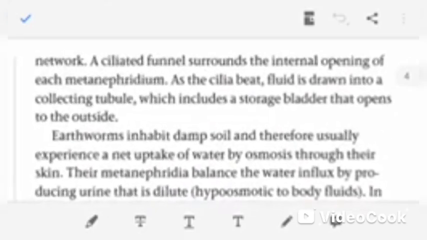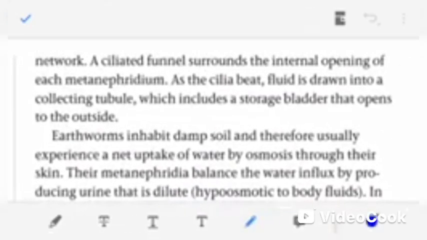Then the initial part of the metanephridia, where the internal opening is present, is known as the nephrostome. Inside the nephrostome, cilia are present.